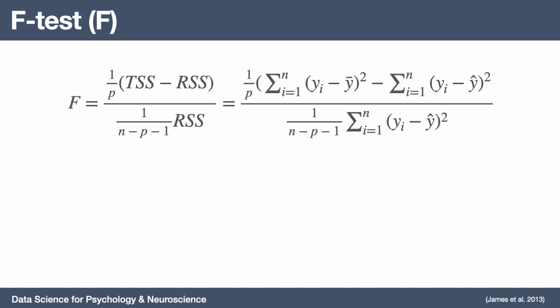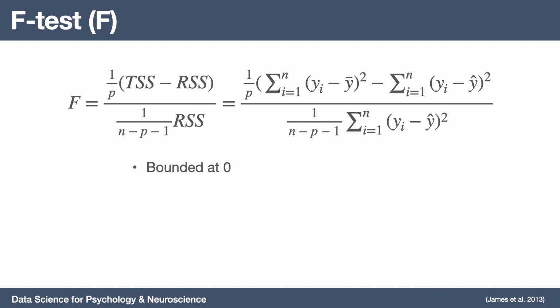Finally, you can take the f-test itself, which we've talked about in the context of ANOVA, and use it as a direct measure of model fit as well. And again, this is just a variant of what we just saw before. So now it's the total sums of squares minus the residual sums of squares over the residual sums of squares itself, with relative degrees of freedom terms.